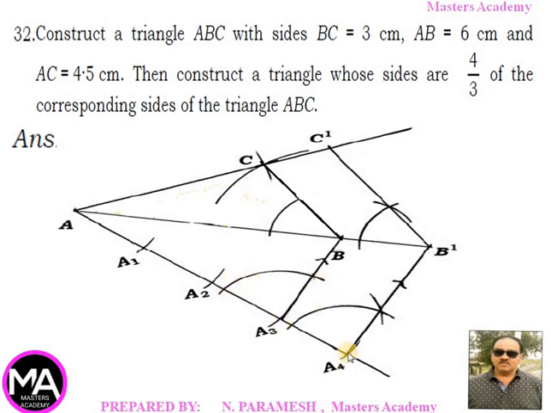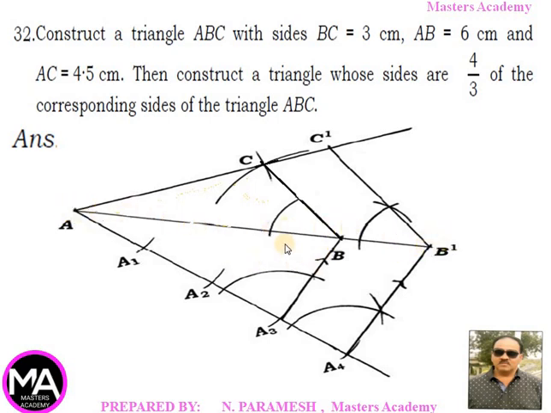Same measurement at point A4, draw the arc. Then measure these intersected parts, cut from this point. Then join A4 to B dash, when AB is extended, that meets at B dash.